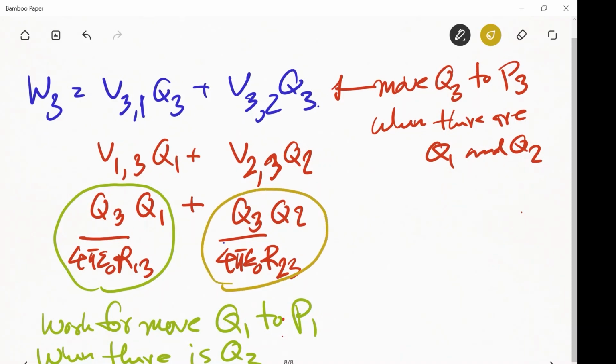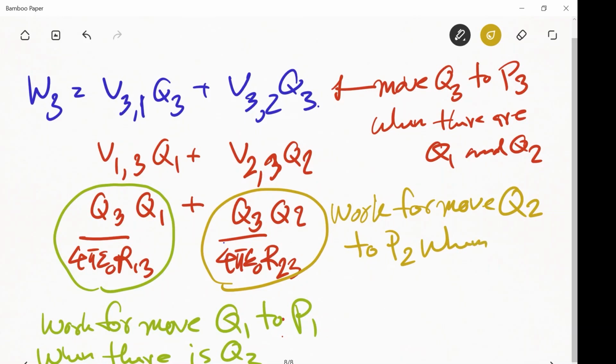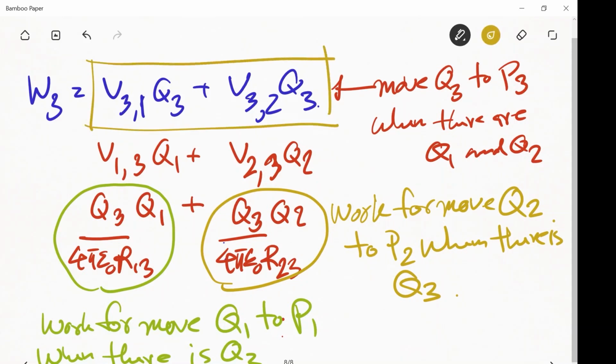This is the work for moving Q2 to point P2 when there is Q3. This one is the same as this one.